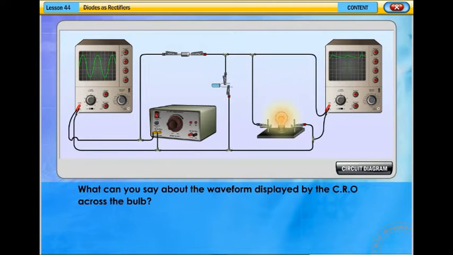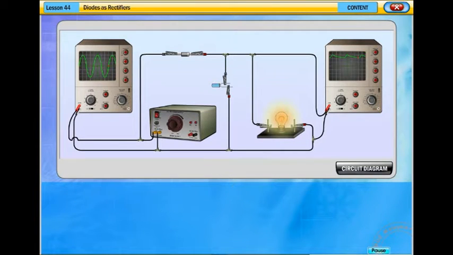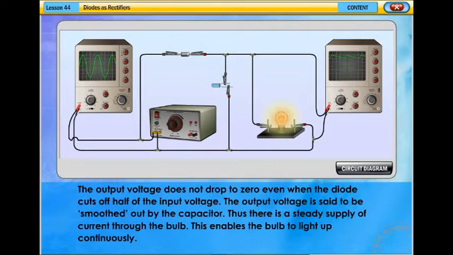What can you say about the waveform displayed by the CRO across the bulb? The output voltage does not drop to zero even when the diode cuts off half of the input voltage. The output voltage is said to be smoothed out by the capacitor. Thus, there is a steady supply of current through the bulb. This enables the bulb to light up continuously.